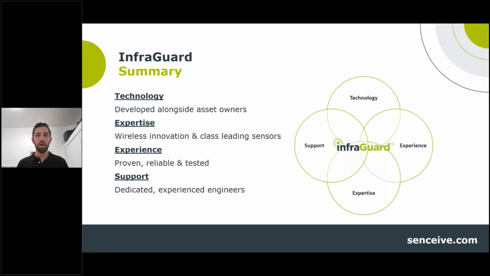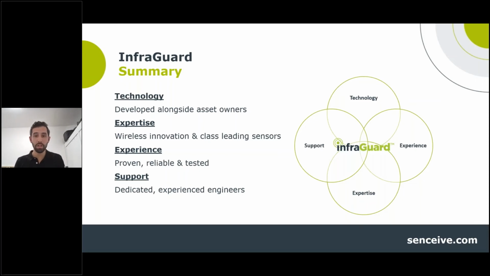It has been a little over 4 years that this has been in play. So there certainly is that experience and expertise that comes along with understanding the pain points of asset owners, of the consultants and contractors and monitoring specialists who work with them. That feedback is what Senceive takes and further develops and improves the technology.